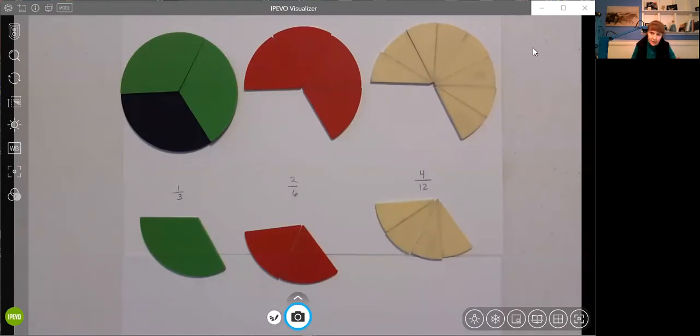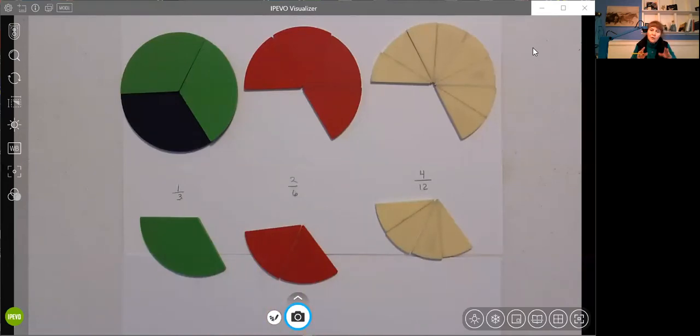Well, within these sections here, you're going to need to go from this fraction to this fraction. Or how do you go from 1/3 to 4/12? And then also you're going to have to go from 4/12 back to 1/3.